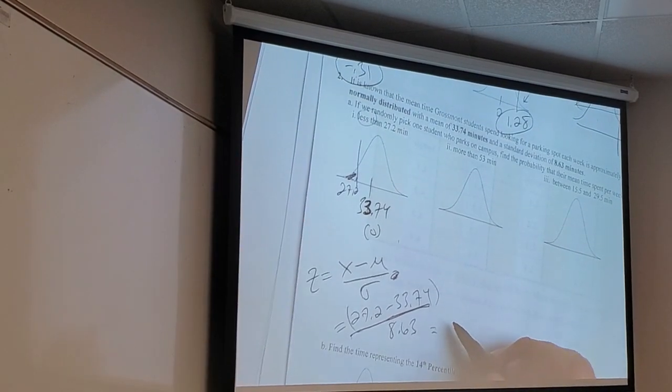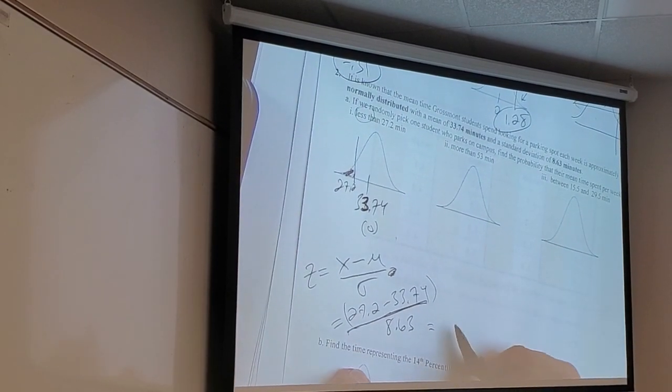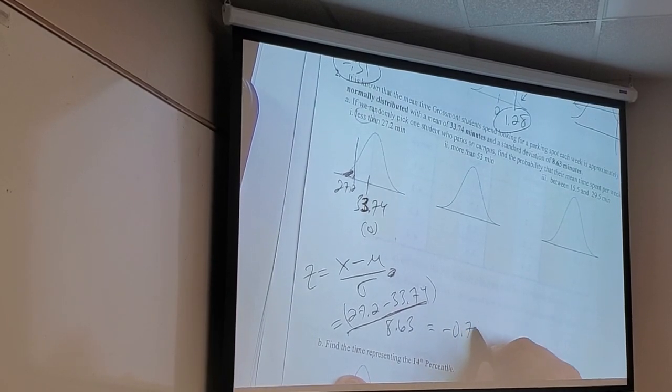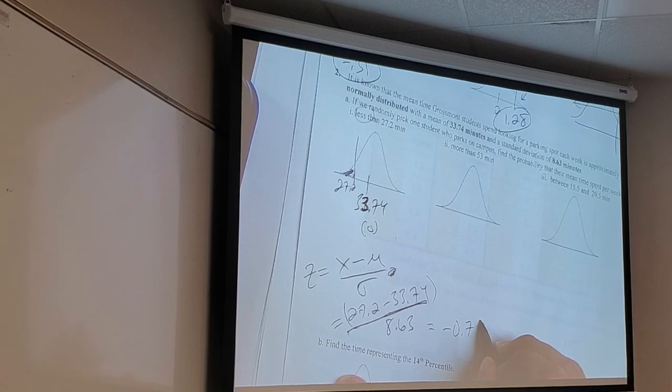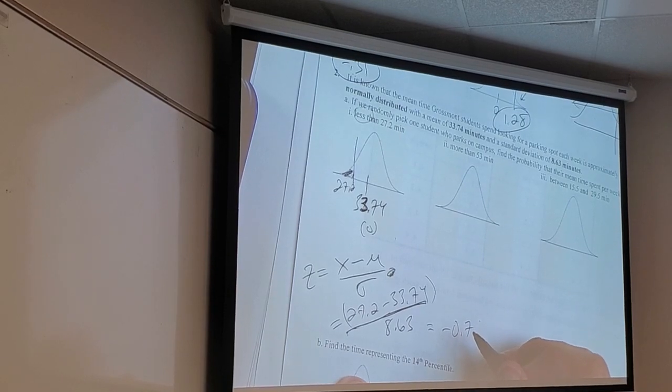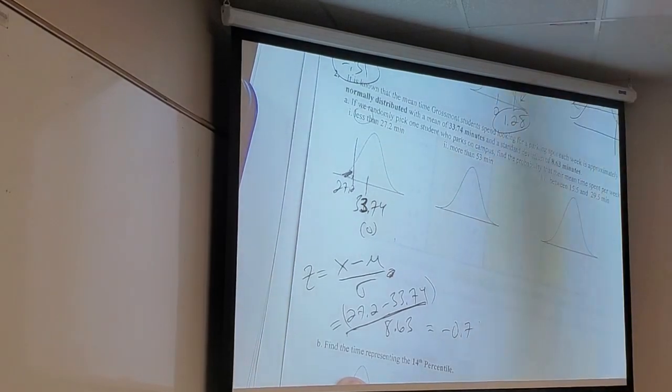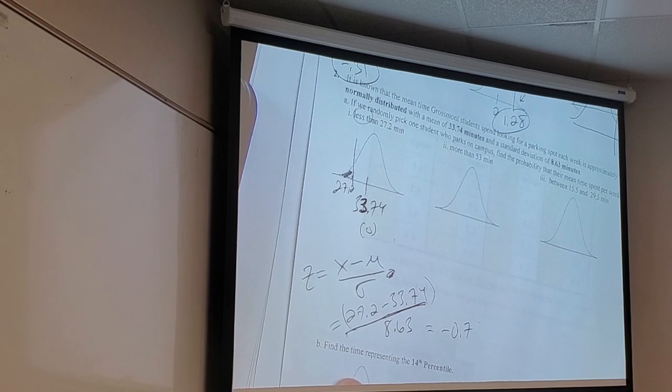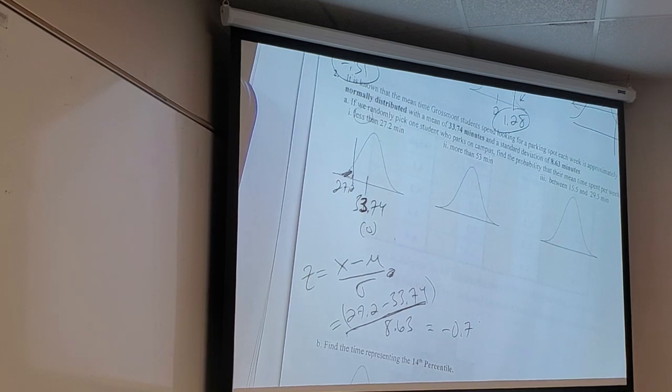Okay, so I need this number. What was it again? It was negative points... What is it? Negative 0.7? What do you guys think? How many places should we round z-scores to? How many decimal places do z-scores have on this?